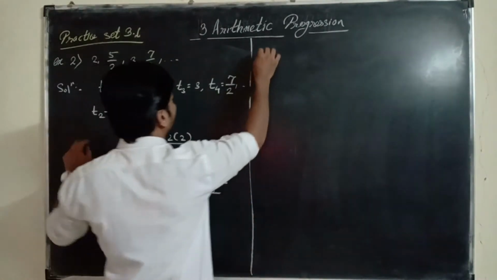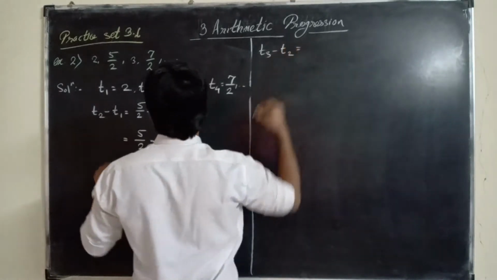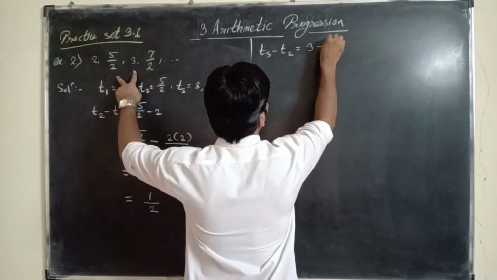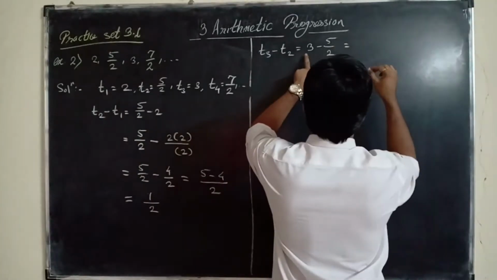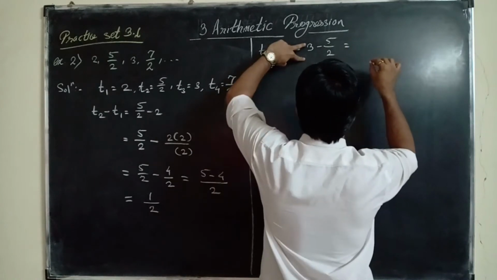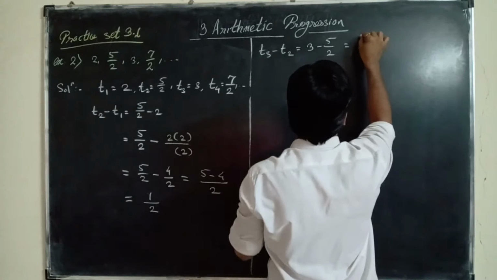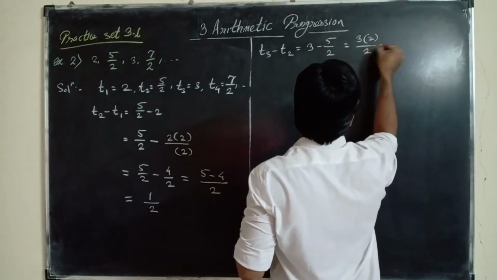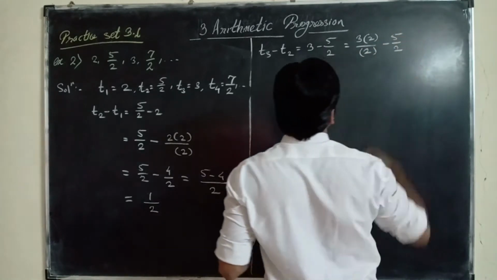Then we will find T3 minus T2, which is 3 minus 5 by 2. Again we will multiply and divide the first number by 2, so the denominator will become the same. So 3 into 2 upon 2 minus 5 by 2.